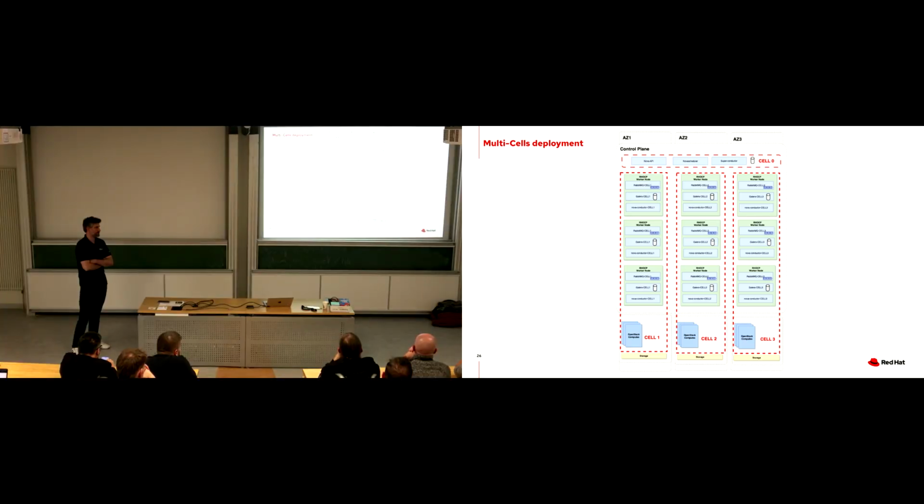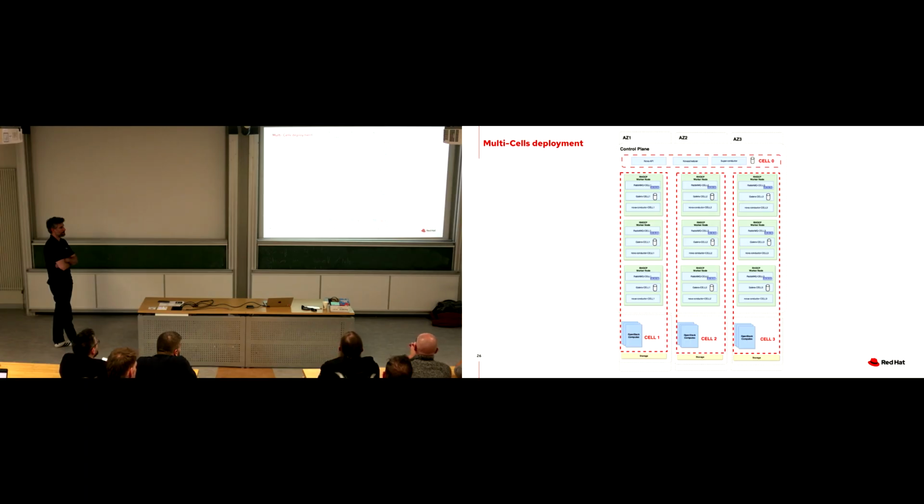Doing this, we will gain in scalability. So instead of having only one RabbitMQ and Galera used for the whole OpenStack cluster, we separate dedicated RabbitMQ and Galera for each cell, and this way we gain in scalability, right?